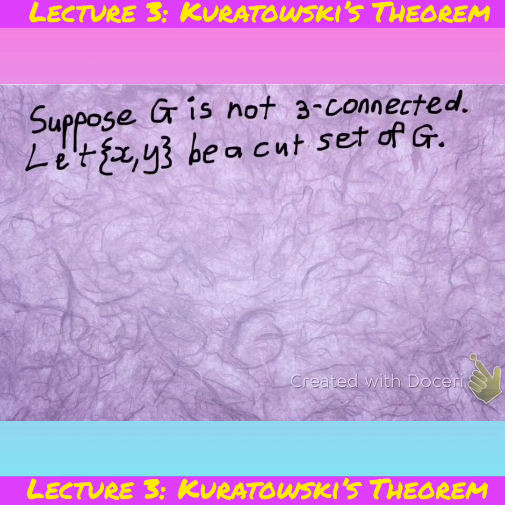All right, so let's start off. Suppose G is not three connected, and let xy be a cut set of G. Remember, we proved that G is one connected and two connected. So it is connected, and it does not have a cut set of cardinality 1. So if G is not three connected, it must have a cut set of cardinality 2.